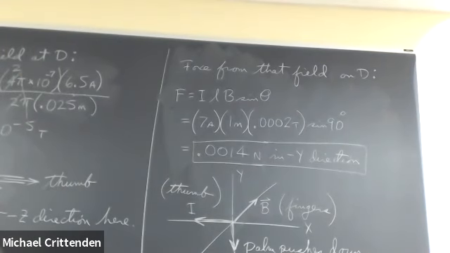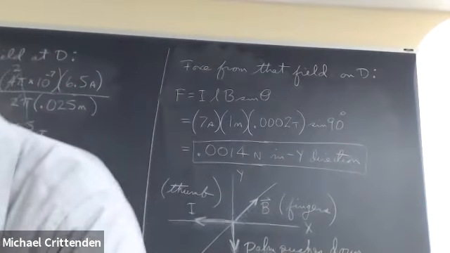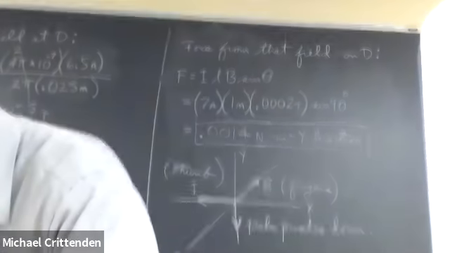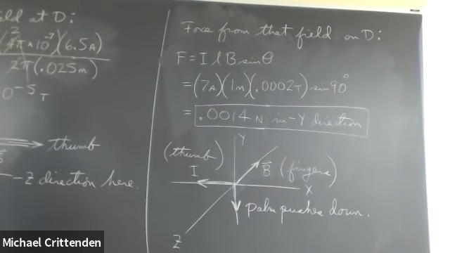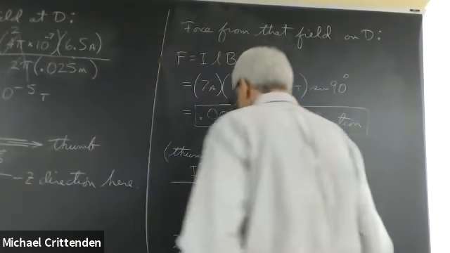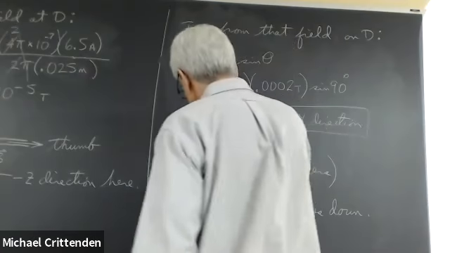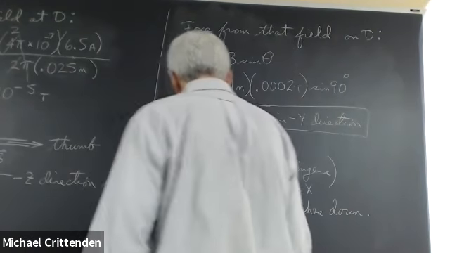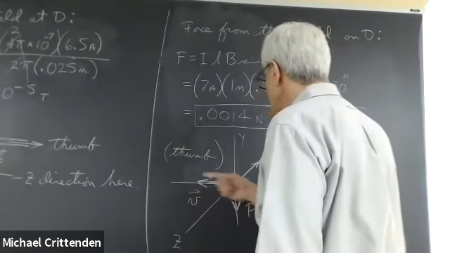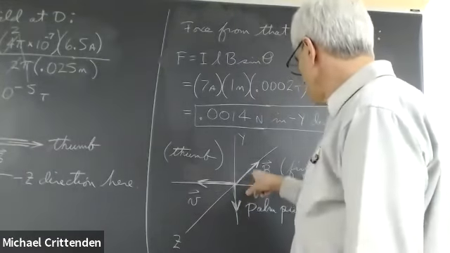Not sure how the camera ended up lower like that. Okay. So this time, instead of I for current, maybe V for velocity. That's the direction that the electron is moving.